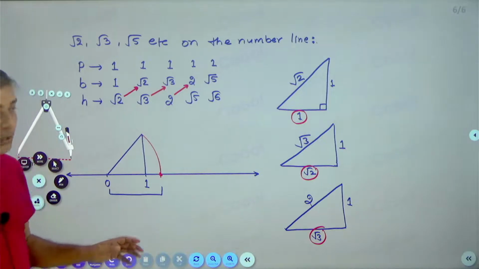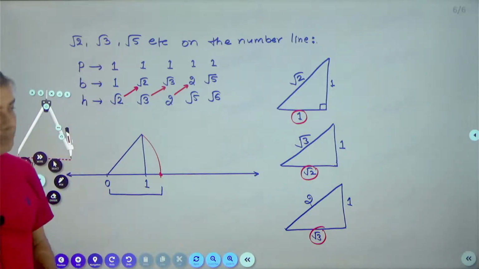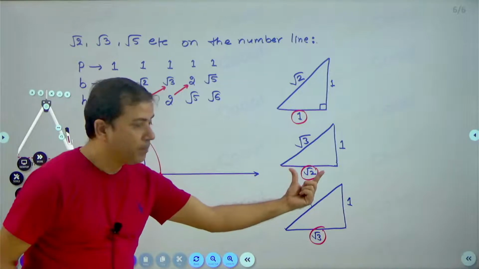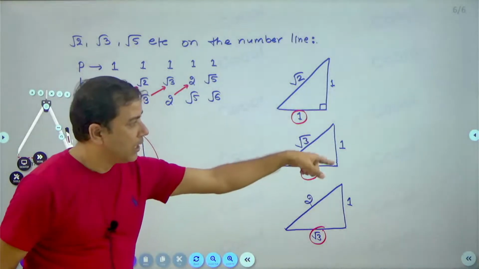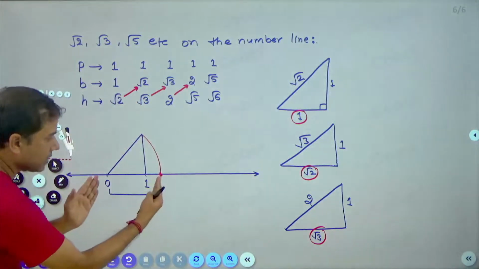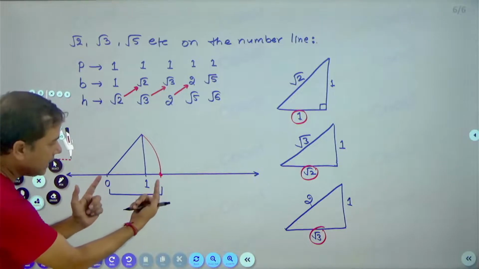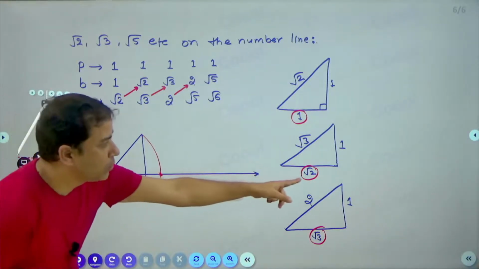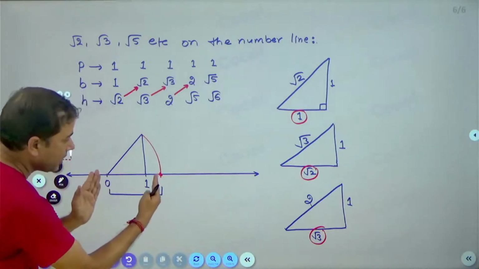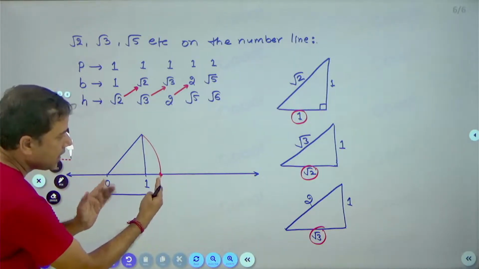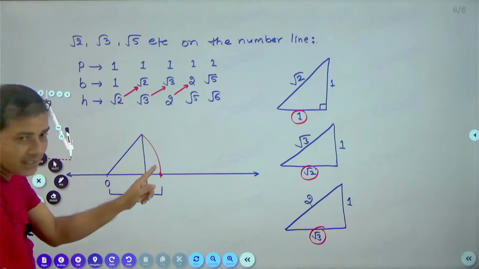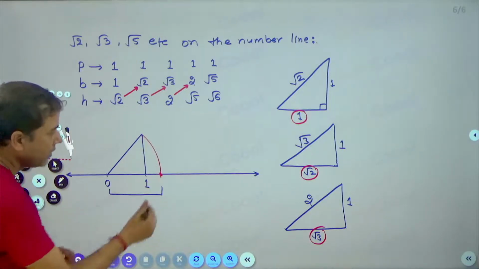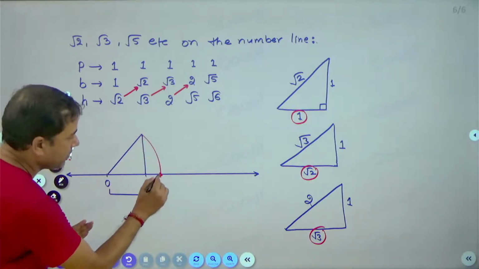Now I need to show root 3 on the number line, and I know if I take base root 2, height 1. So here is the base. Now I will consider this length as base because this is root 2 and I need root 2 unit base. So I will consider this unit as base and draw another perpendicular here of the same height, 1 unit.